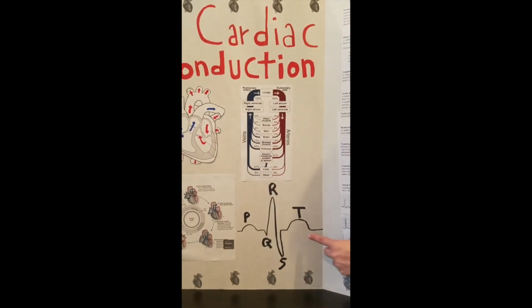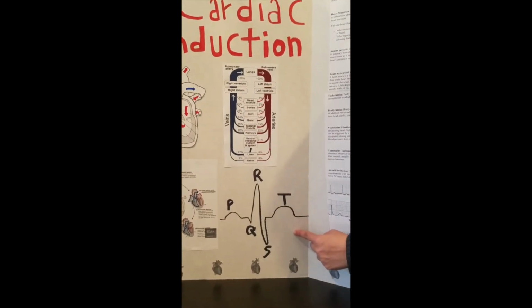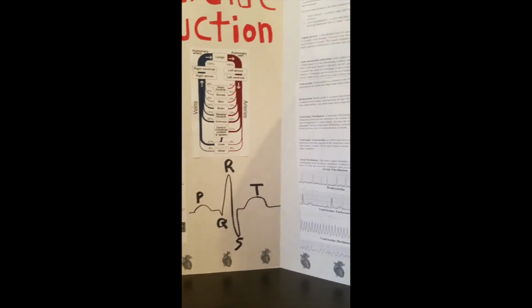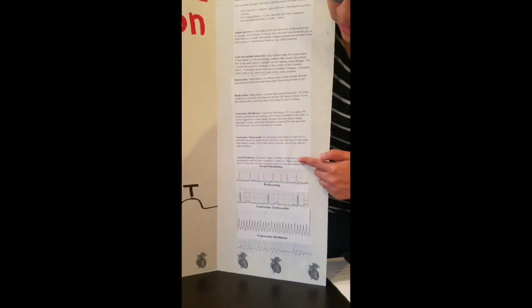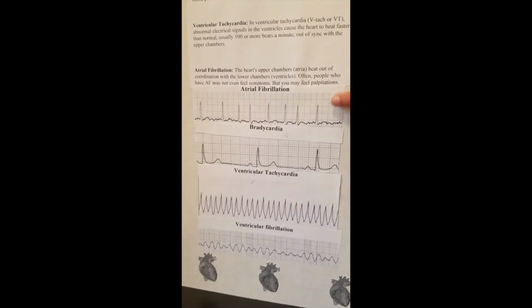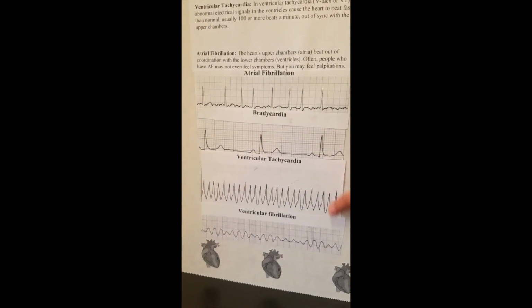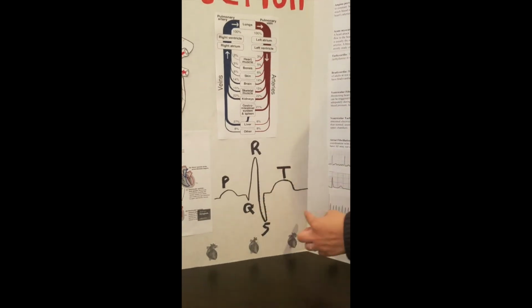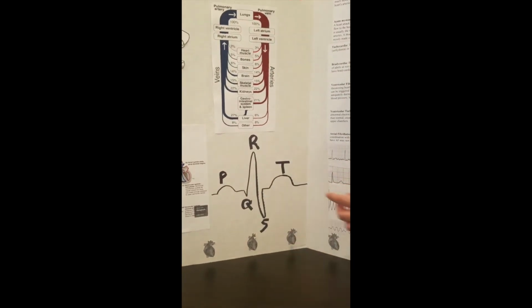In here we have the PQRST wave. This is seen in an EKG, and here we have the different types of abnormal ECGs, such as the atrial fibrillation, bradycardia, ventricular tachycardia, and ventricular fibrillation. The wave is represented here like it would be in an ECG.